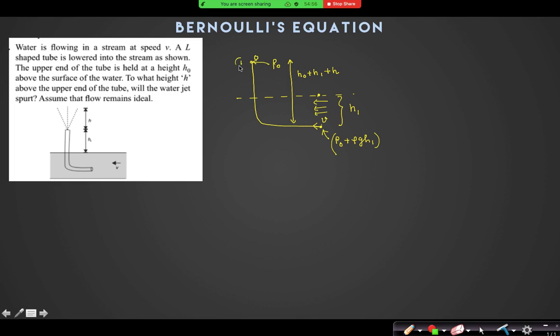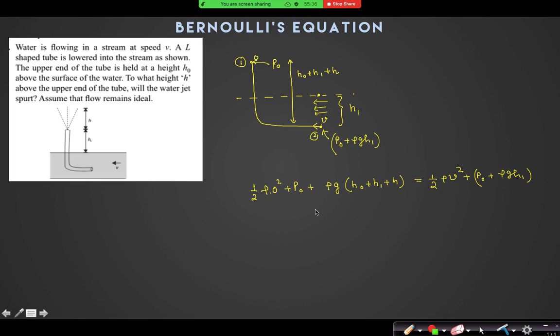Now let us apply Bernoulli between 1 and 2. Half rho v square is 0 plus p naught plus rho g (h naught plus h1 plus h) is equal to half rho v square plus p naught plus rho g h1. Yes, sir. So h1 will get cancelled. P naught will get cancelled, rho g h1 will get cancelled, and rho will also get cancelled.